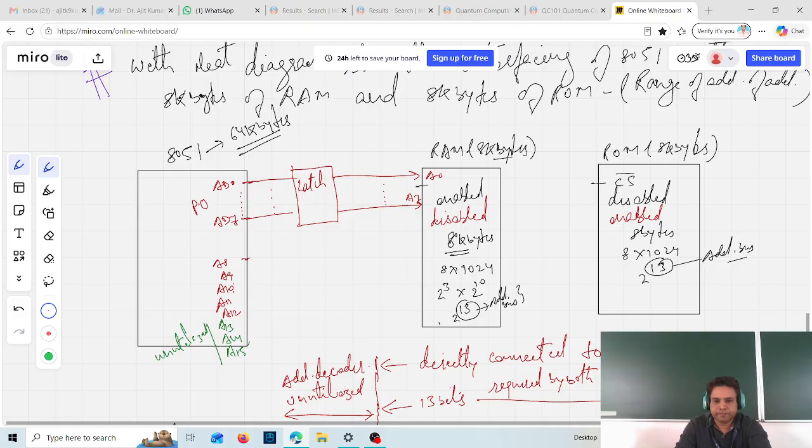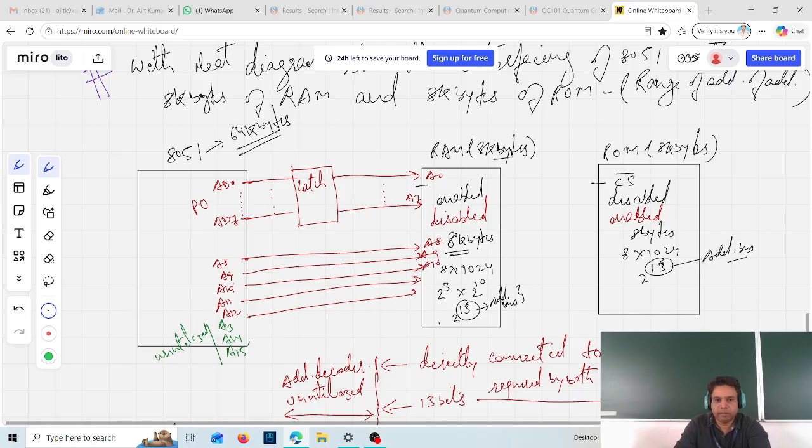Similarly, A8 will be directly connected to this one, A9 also, and A10, A11, A12. All of these will be directly connected.